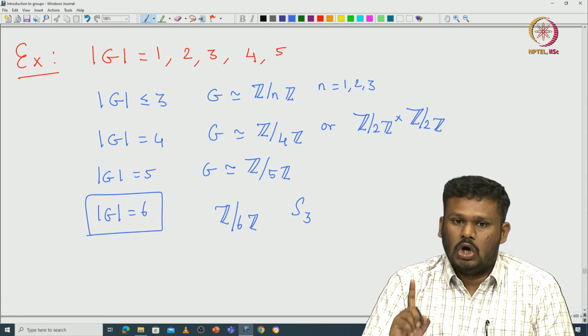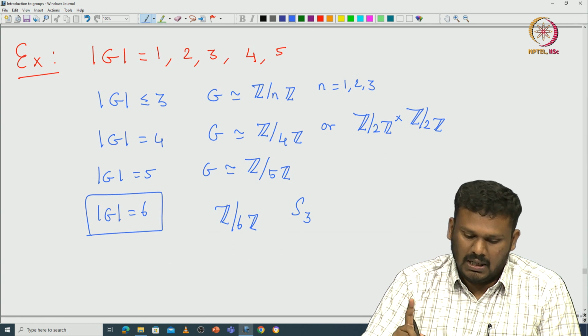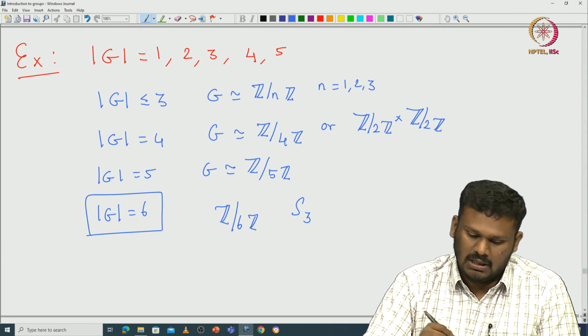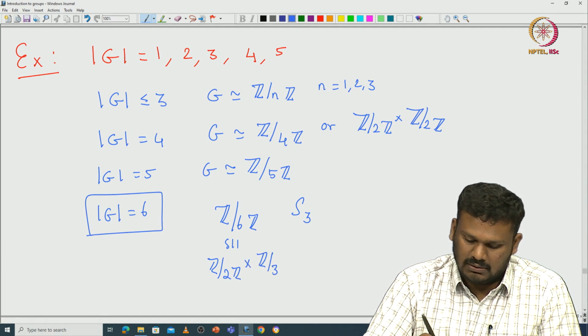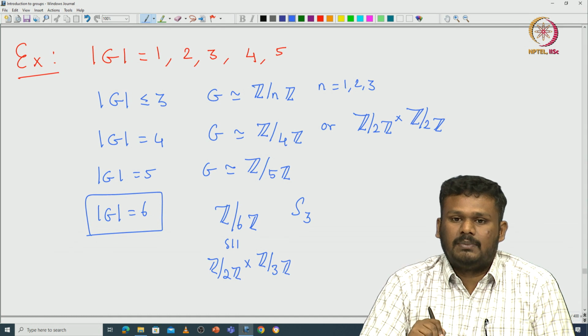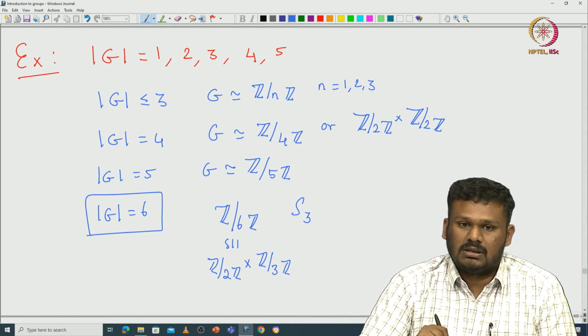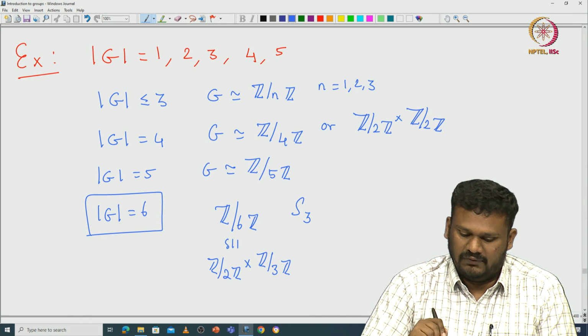So, there exists a non-abelian group of order 6, that is S3, and there is an abelian group of order 6 which is Z modulo 6Z. Note that this is isomorphic to Z modulo 2Z cross Z modulo 3Z, because 2 and 3 are relatively prime. So, this Z modulo 2Z cross Z modulo 3Z will be a cyclic group of exactly order 6. So, it will be isomorphic to Z modulo 6Z.